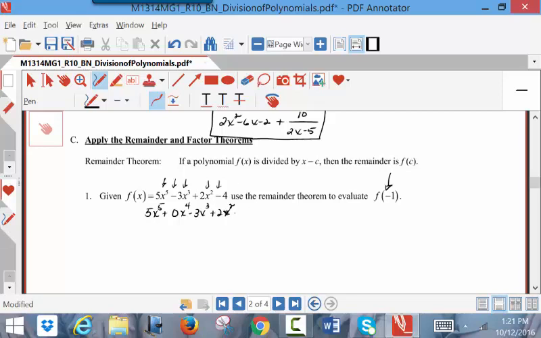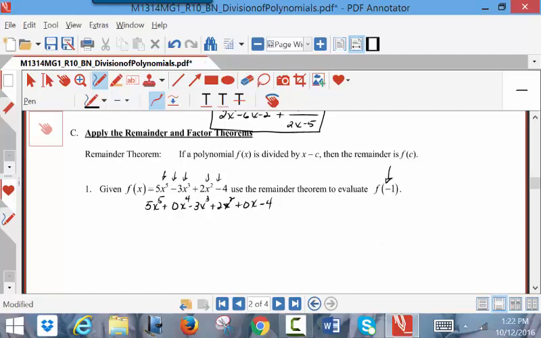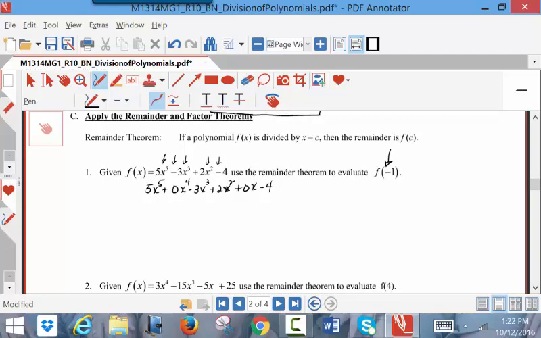I don't have an x, so I'm going to put a 0x in here, minus 4. So this is what they call complete standard form, meaning you have every x variable. X to the fifth, x to the fourth, x cubed, x squared, x, and no x. And you have to have all of them before you do synthetic division.